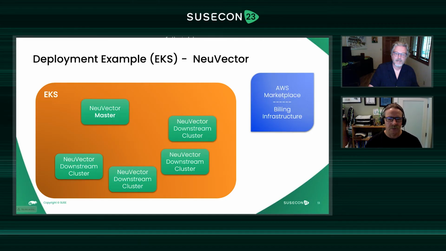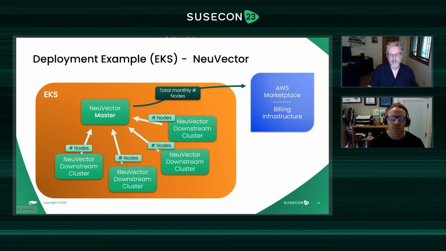All these downstream NeuVector monitors report to the primary NeuVector cluster, where the NeuVector primary monitoring application is running, and then that will report to the AWS Marketplace billing infrastructure. This is what it looks like pictorially. They're all connected to the NeuVector primary setup, and that's where the reporting infrastructure runs, and then that shows up in your monthly AWS bill, according to the volume discount that Ron just mentioned.